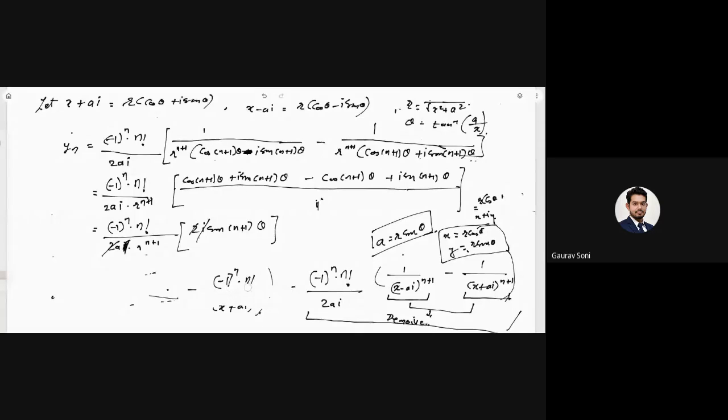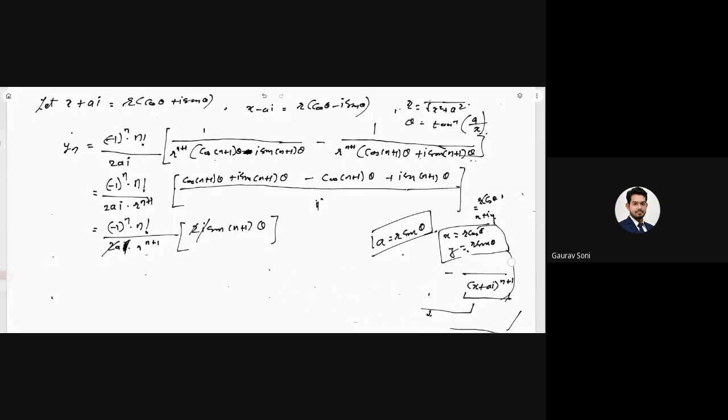So r is going to be a by sine theta. I'll write it down a bit properly. So r is equal to a upon sine theta. So we'll substitute this here.